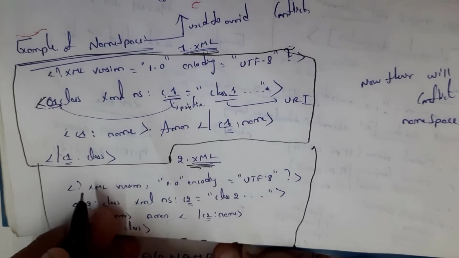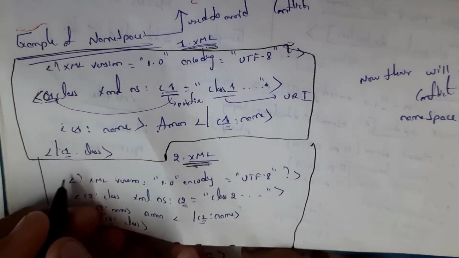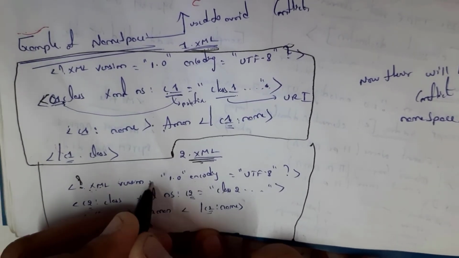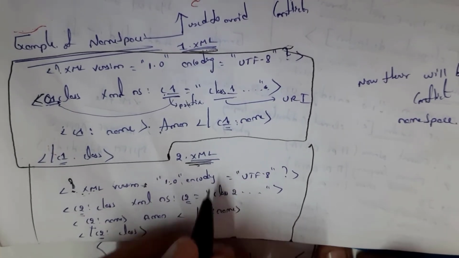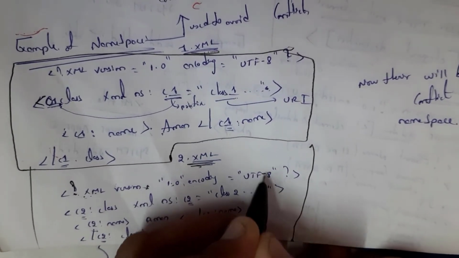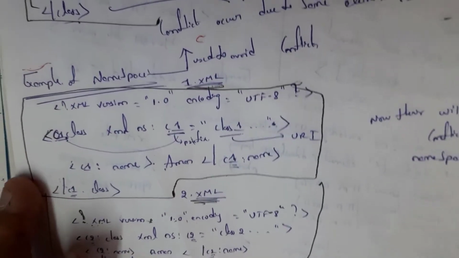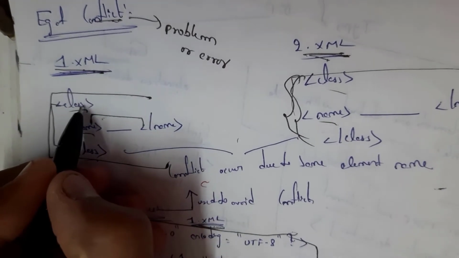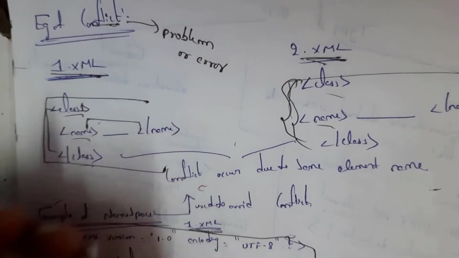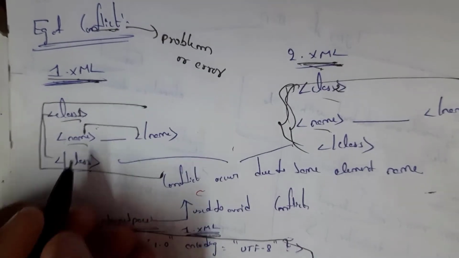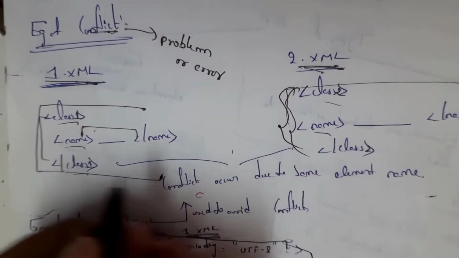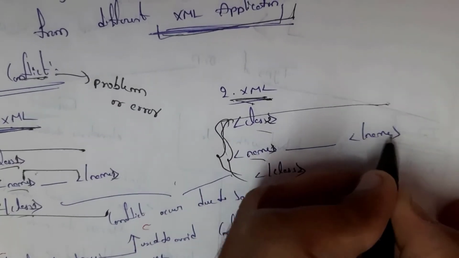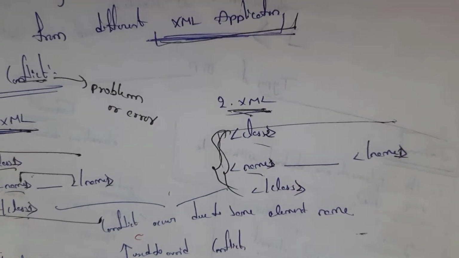As I said before, every XML program contains less than question mark, xml version equal to 1.0 and encoding type UTF-8. You can avoid this naming conflict by giving this class name as class1 and the other as class2, and similarly name as name1 and name2. So by using this you can avoid your conflict.